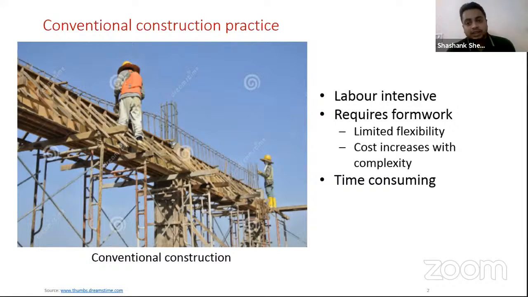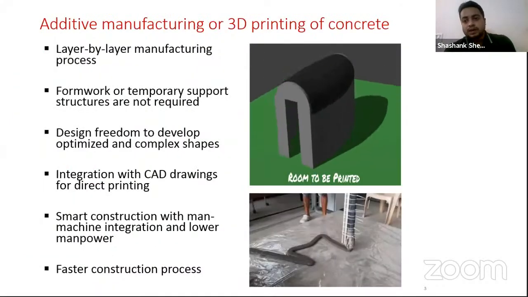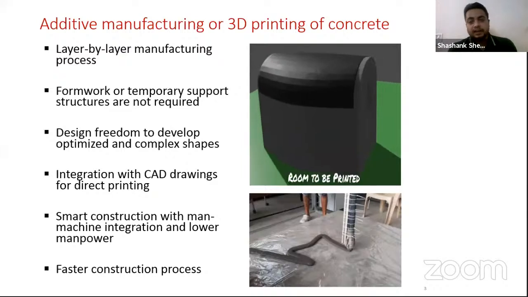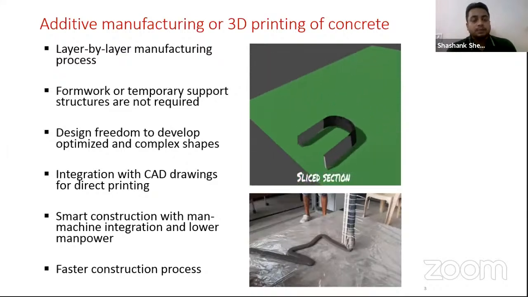It is mostly done using formworks made of wood or metal, so there is limited design freedom as well. To remove some of these challenges, 3D printing has come into the construction sector, and in the past 10 years, it has made significant progress.